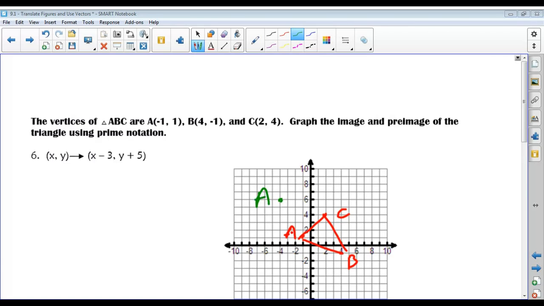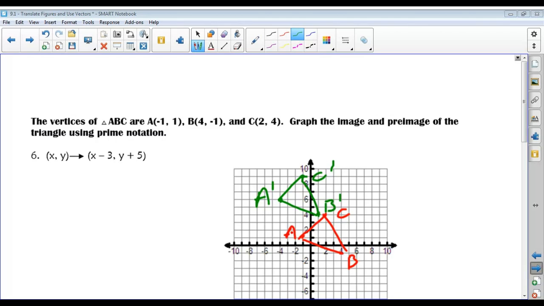So this is A prime. If I do the same thing with B, subtract 3 from the x and add 5, I'm going to get right here. So that's B prime. And with C, if I subtract 3 from the x and add 5 to the y, I get right here. So triangle ABC gets mapped to A prime, B prime, C prime, but the size and the shape stay the same. So this is definitely an isometry.